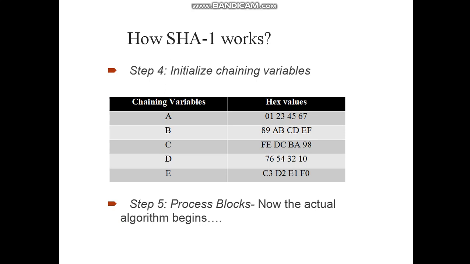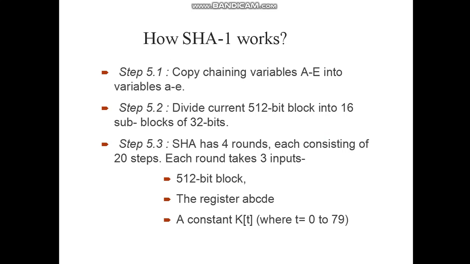The next step is where the actual algorithm begins. We copy the chaining variables A to E into the variables A, B, C, D, E, which is the abstracted view of the separate variables A, B, C, D and E. Then we divide the current 512 bit block into 16 subblocks of 32 bits.